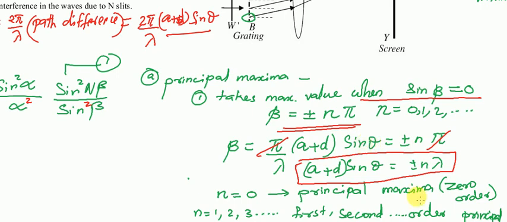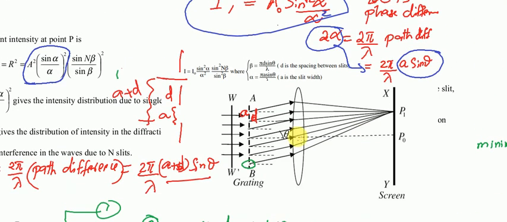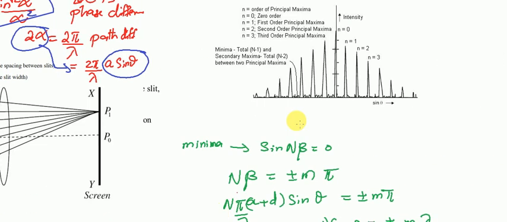So when n equal to 0, that corresponds to the 0 order principal maximum. You can see in the picture that this corresponds to n equal to 0, the 0 order principal maximum.